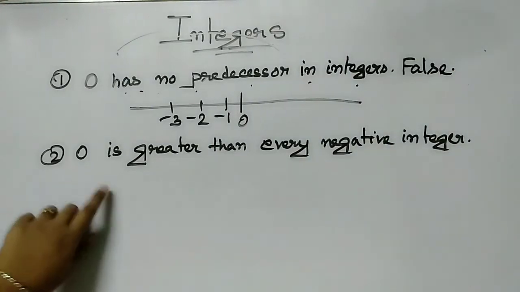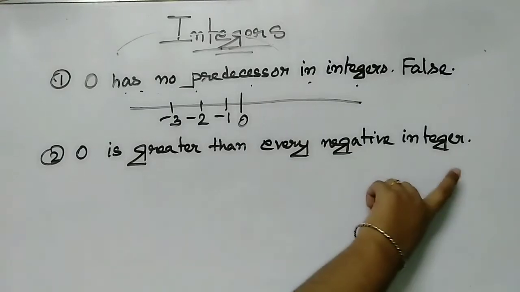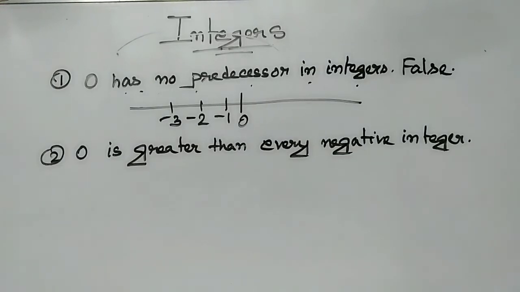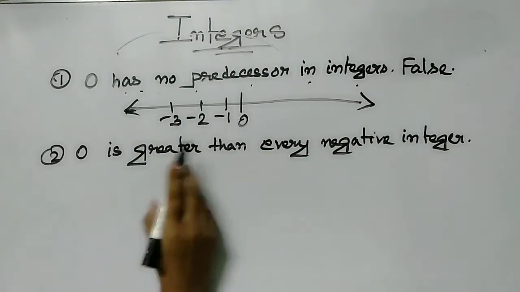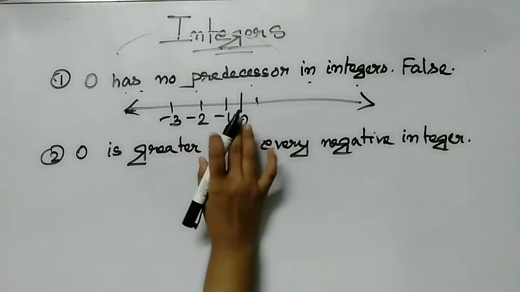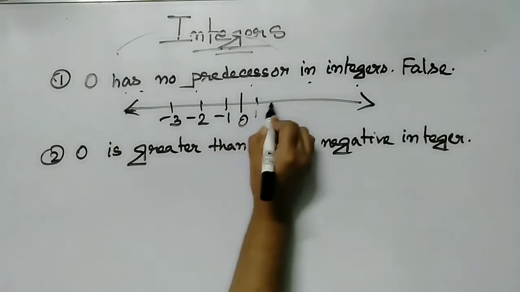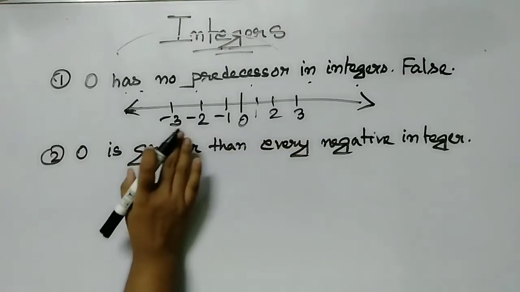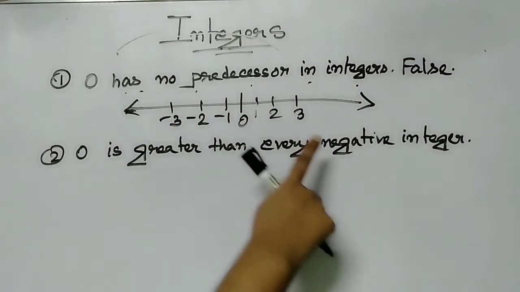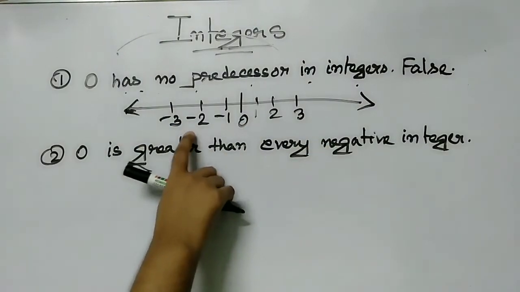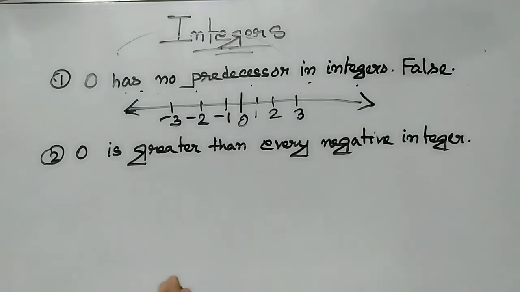Next, 0 is greater than every negative integer. See the number line here. In the right side of 0, +1, +2, +3, and the left side of 0, -1, -2, -3, dot dot dot, etc. So 0 is greater than every negative integer. Yes, I have already said that from left to right in the number line, the value of the numbers are increasing.